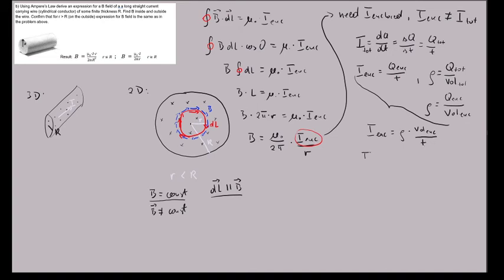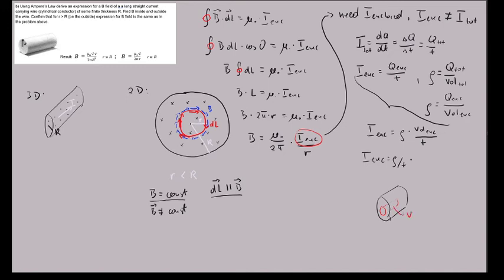Now, the volume enclosed, well, you have to look at it this way. What you're looking at is a whole cylinder. It runs like this, but within the cylinder you have this little loop, and it's that loop here that determines the volume that you're interested in.